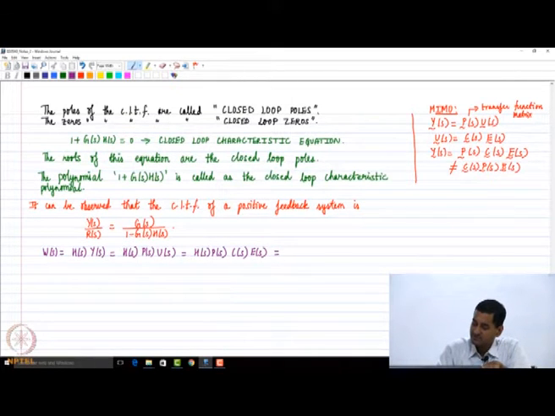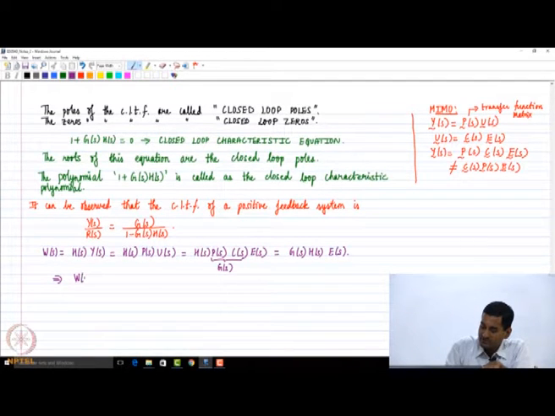So c of s times p of s is nothing but g of s. So we are going to get g of s times h of s times e of s. This implies that w of s divided by e of s is what is called g of s times h of s.